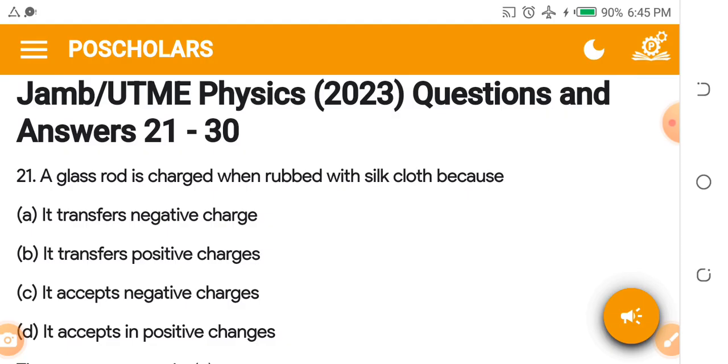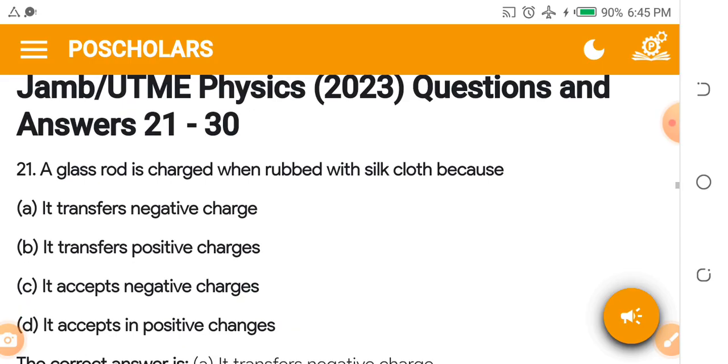A glass rod is charged when rubbed with silk cloth because dash. A, it transfers negative charge.